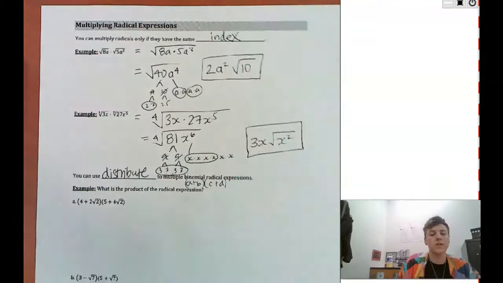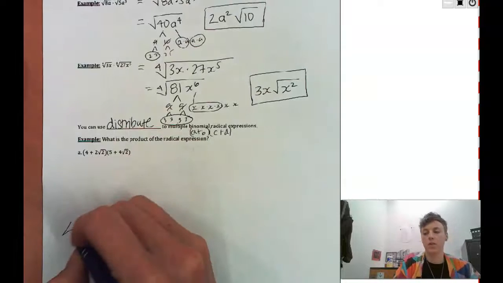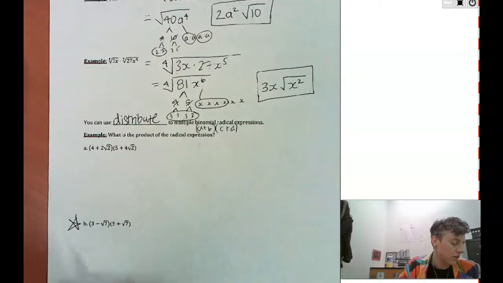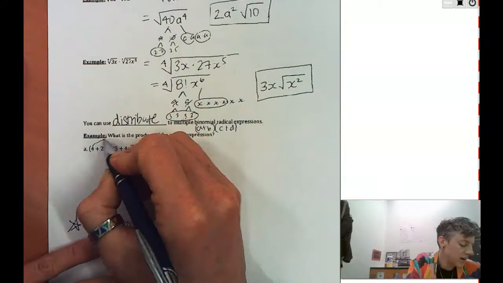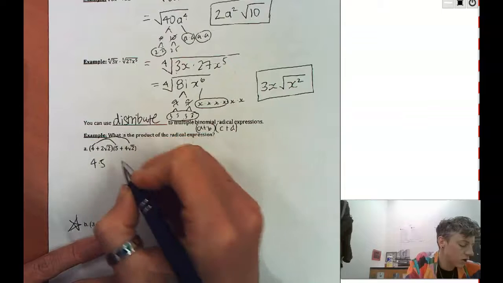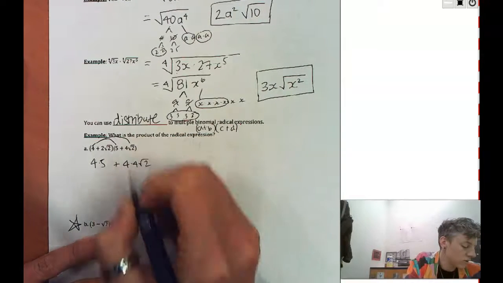So, let's do one together, and then I'll let you do b by yourself for some practice. We're going to distribute. Here I would say 4 times 5, and I would say 4 times 4 square root of 2. And then I would say 2 square root of 2 times 5.